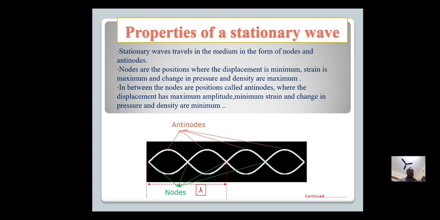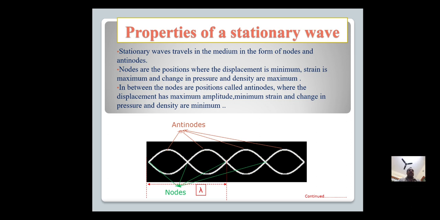In between the nodes, we get antinodes. Antinodes are the points where the displacement has maximum amplitude, strain is minimum, and change in pressure and density are minimum.